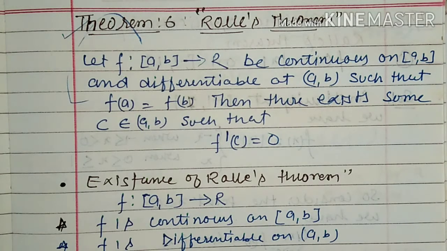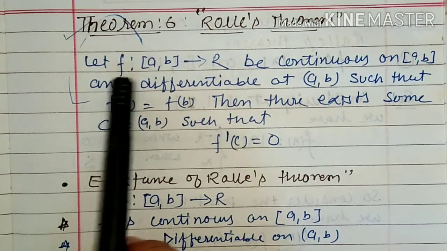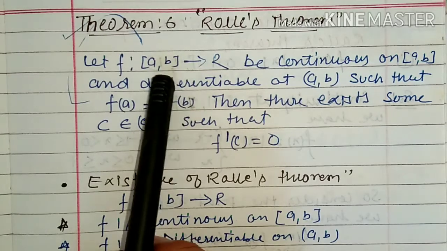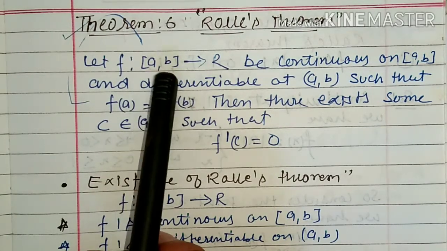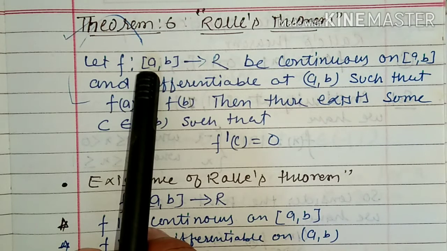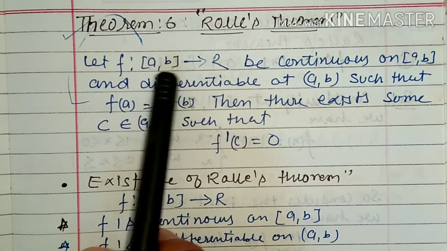We are given that f is a function defined on a closed interval. We have already discussed what a closed interval is: in a closed interval, a and b are also included.